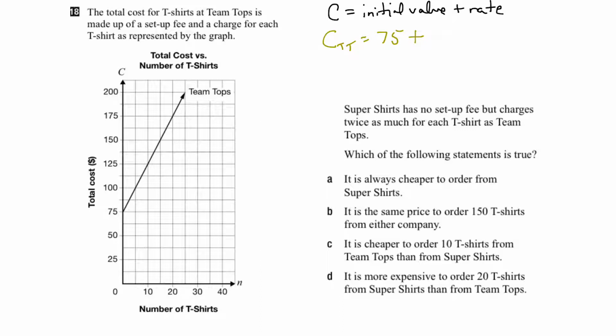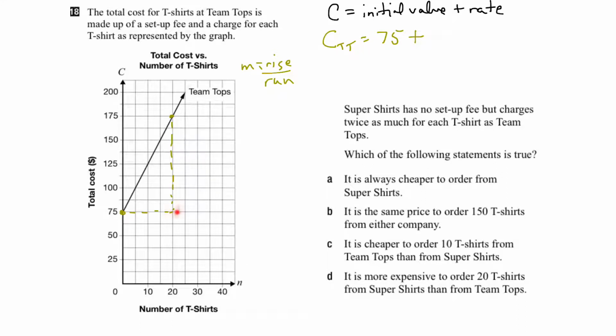To find slope, we need a couple of points on the line. So let's start with that point, which was the initial value. Pick another point. Oh, say this point right there. And slope m is a measure of rise over the run. So the rise would be from there down to there, and the run would be from there over to there.